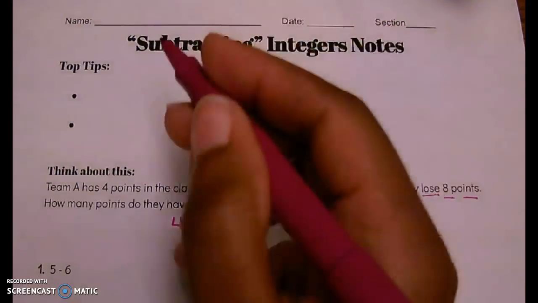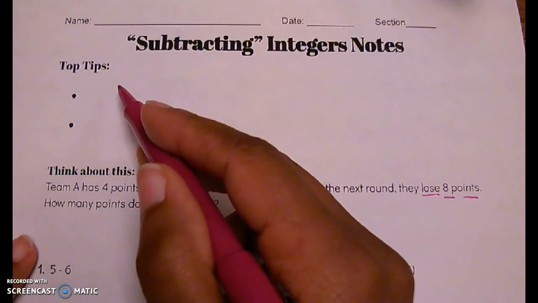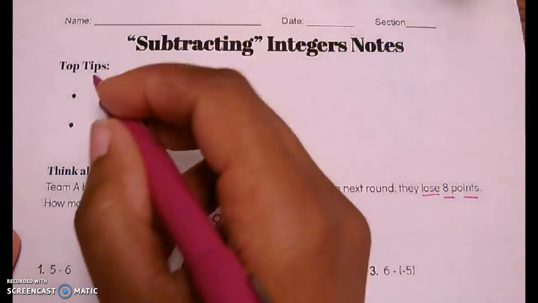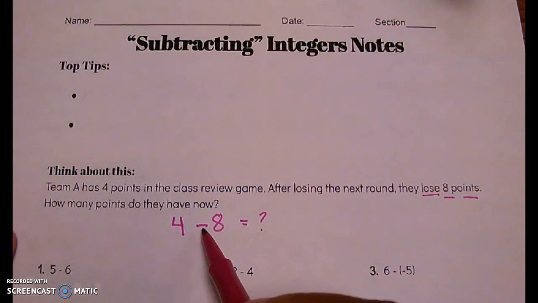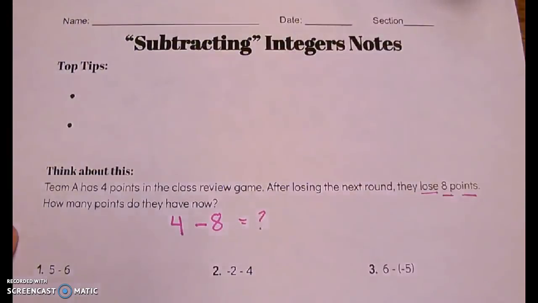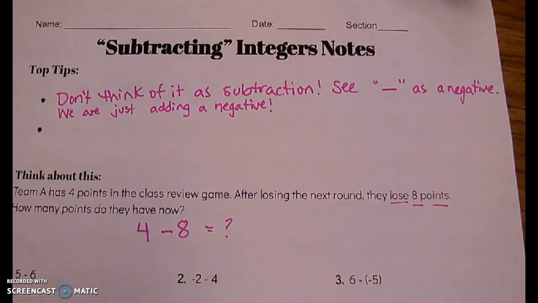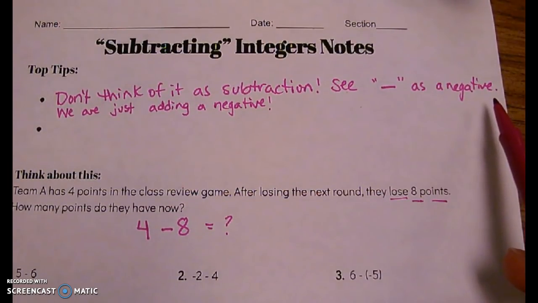Our first tip, and this is going to sound a little different, but when we are solving integer problems that require quote-unquote subtraction, I don't want you to think of it as subtraction. Instead, I want you to see this symbol as meaning negative.